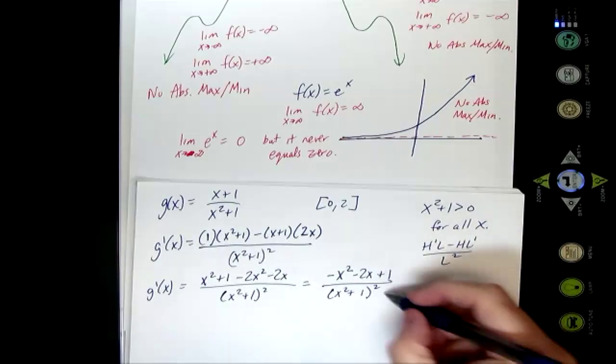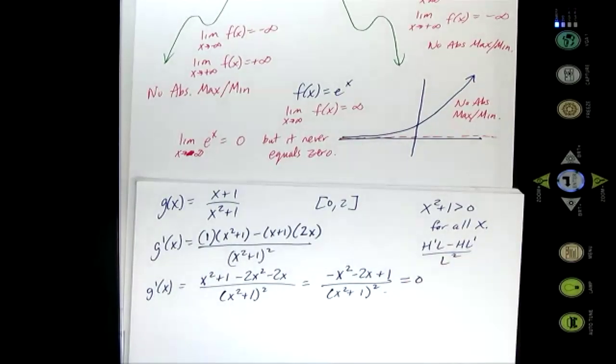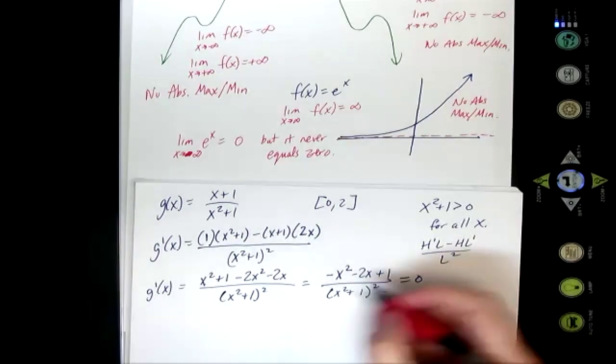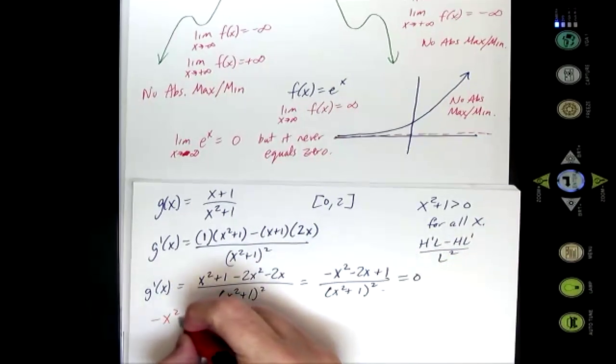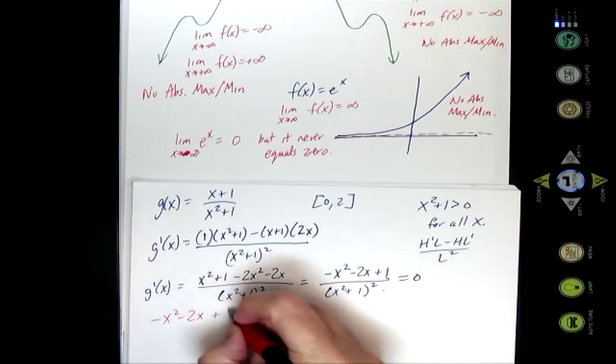And we're going to set that equal to 0. The bottom doesn't play a role. It's always positive, we can multiply through by it. I've got negative x squared minus 2x plus 1 equals 0.